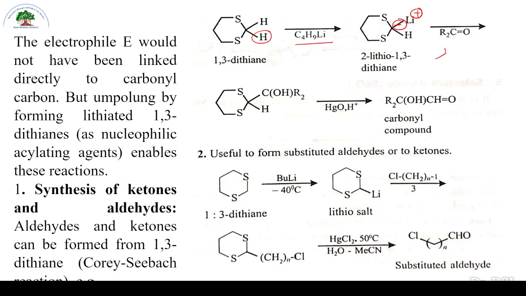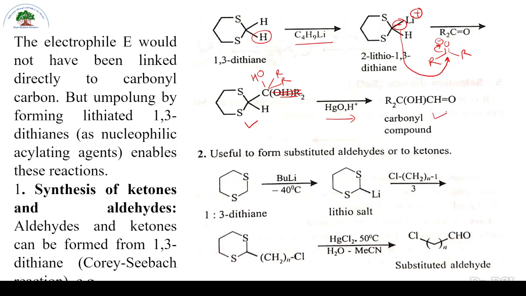When it further reacts with a carbonyl compound R and R, this negatively charged carbon can attack the carbonyl carbon and we get the intermediate. Here O minus will abstract a proton and we will get OH. The structure is like this, with O, R, R, and this one will be H if the detailed structure is drawn.